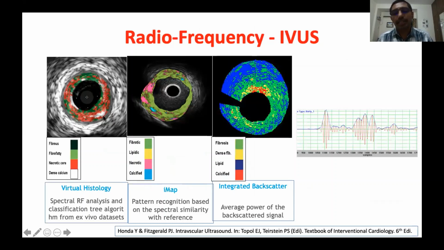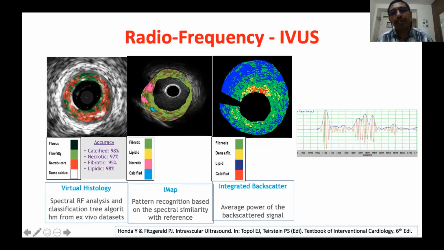There are three such algorithms developed by different companies. This is the algorithm from Philips called virtual histology, which is based on the spectral analysis of samples collected from cadavers. Based on this, it has developed an algorithm that codes tissues with different colors.